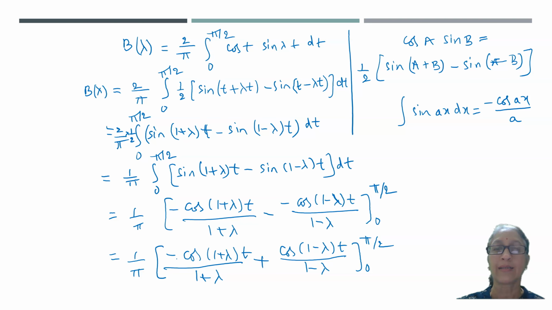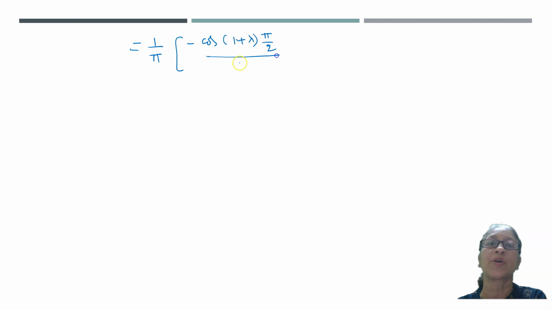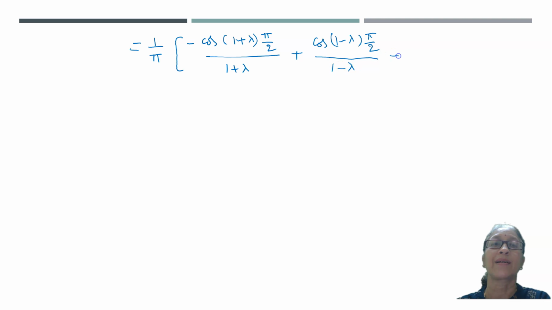Now let us substitute those limits: minus cos (1 plus lambda) into pi by 2 upon (1 plus lambda) plus cos (1 minus lambda) into pi by 2 by (1 minus lambda).